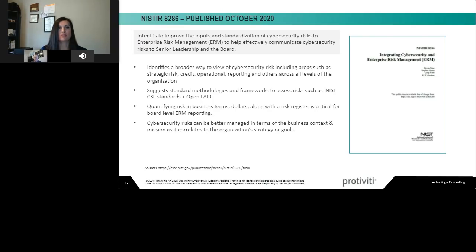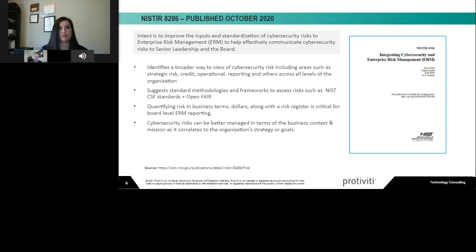This NIST publication really addresses the challenges of evaluating, translating, and communicating all those risks that I just mentioned to senior leadership and to the board, and making sure that's communicated in a meaningful way and in a manner that resonates with them so that they know what they can deploy or invest in the areas that would assist the organizations in being successful while still managing those risks.